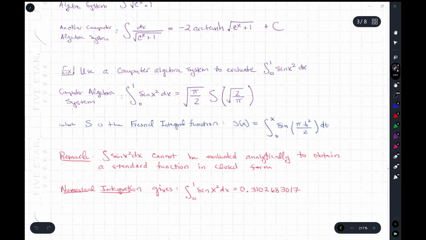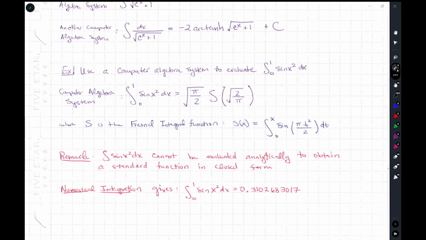There are no other simple functions that we're used to, like cosine, sine, exponentials, logarithms, so it just spits out this result right here for that. And so you can't really get any analytical expression in closed form for the integral of sine x squared.